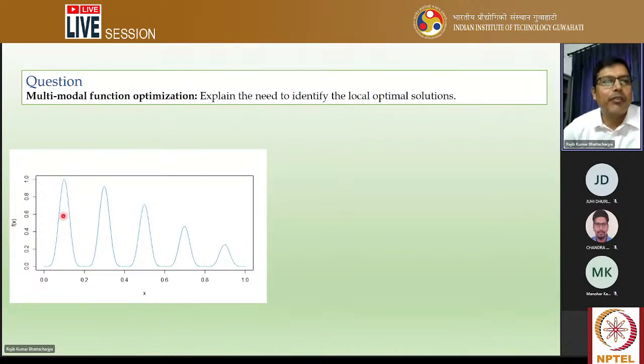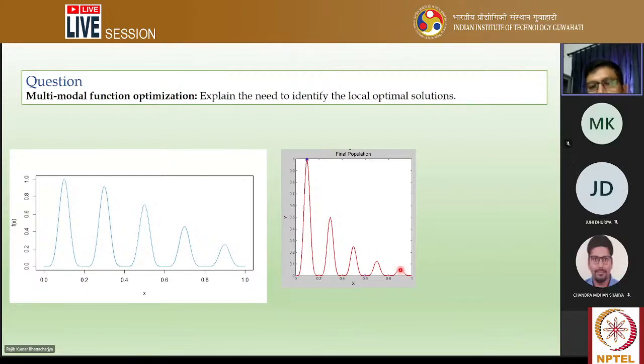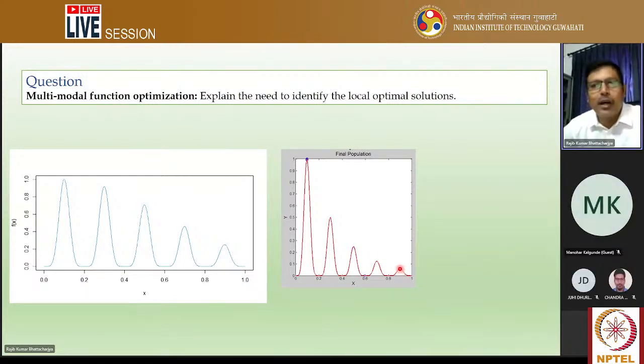I explained that for this particular problem, if you apply a simple genetic algorithm, you will get the global optimal solution. But there are some local optimal solutions: this is one, this is one, this is another. What is the need of obtaining the other optimal solutions?